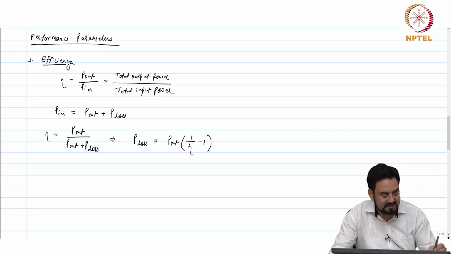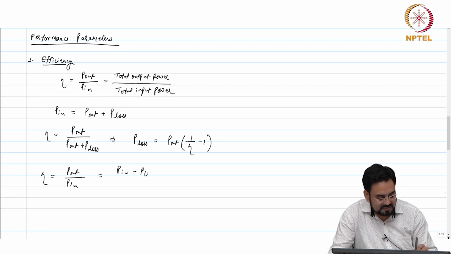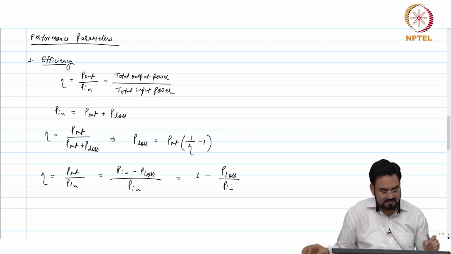If I know P in, then my formula will change. I can write eta as P in minus P loss over P in, and this will become 1 minus P loss over P in.